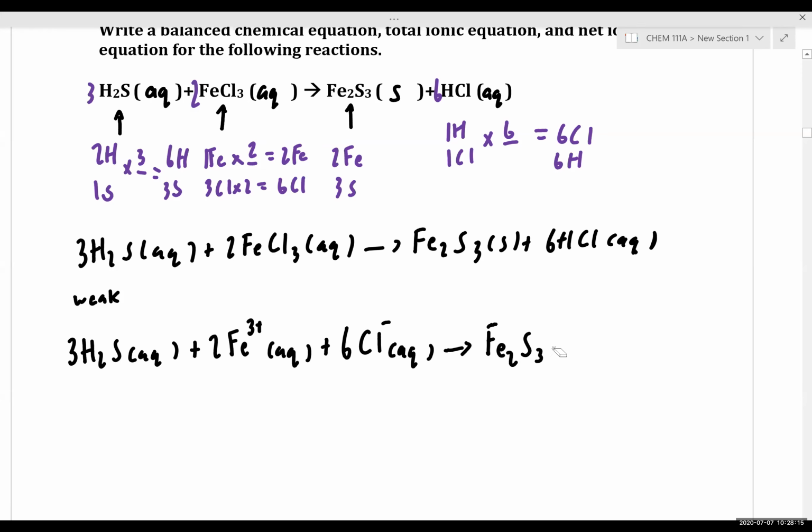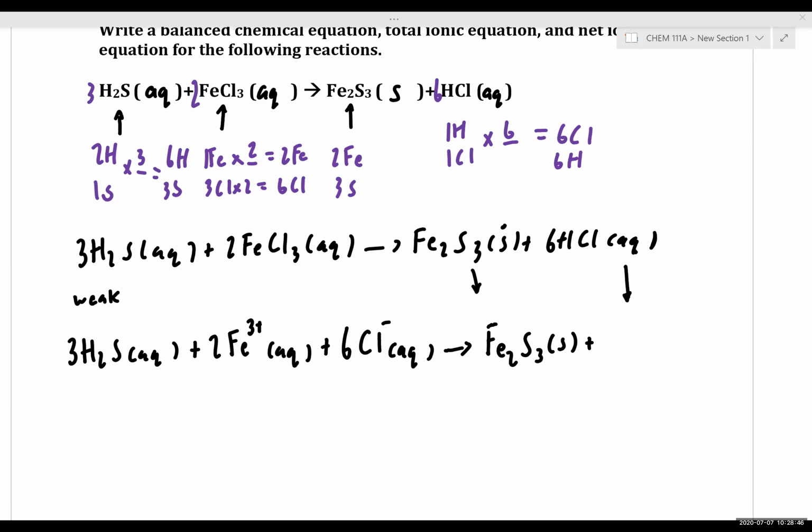So thinking about iron 3 sulfide, as it's an insoluble compound, do we dissociate it? No, so we leave it with a solid symbol. And then finally, hydrochloric acid, as it's a strong acid, do we dissociate hydrochloric acid?